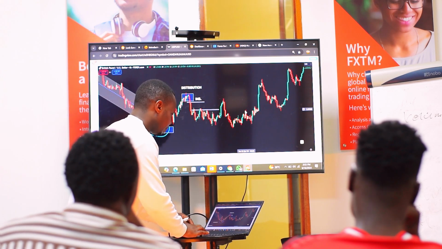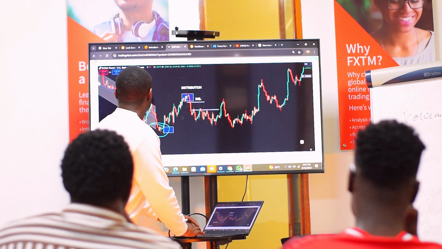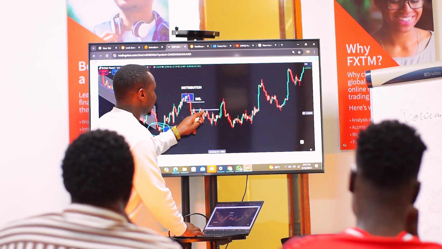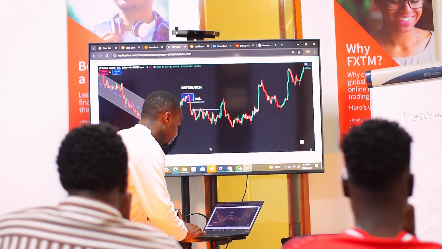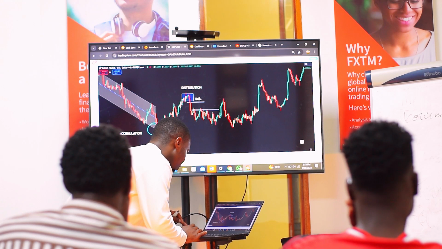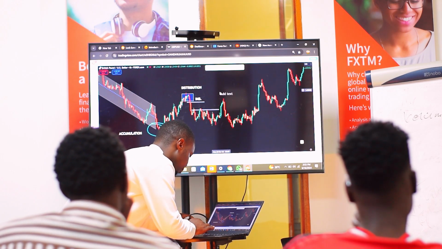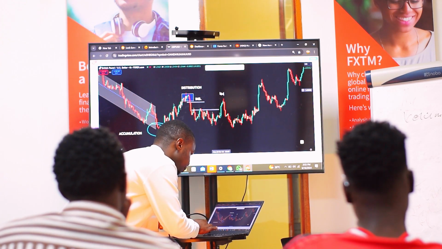Now you see, the market used this zone, this particular point here, as liquidity.